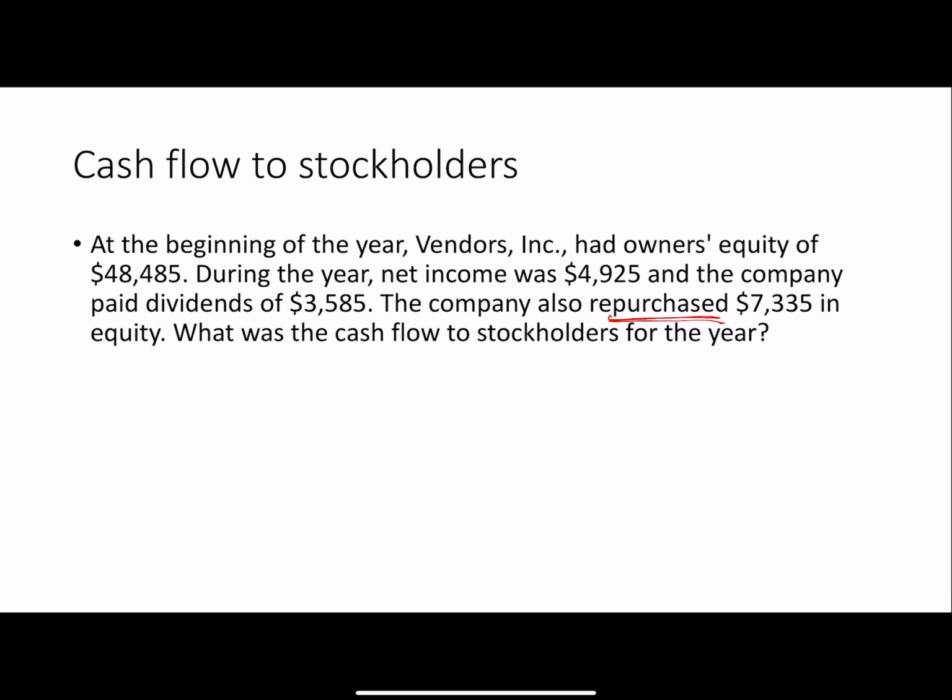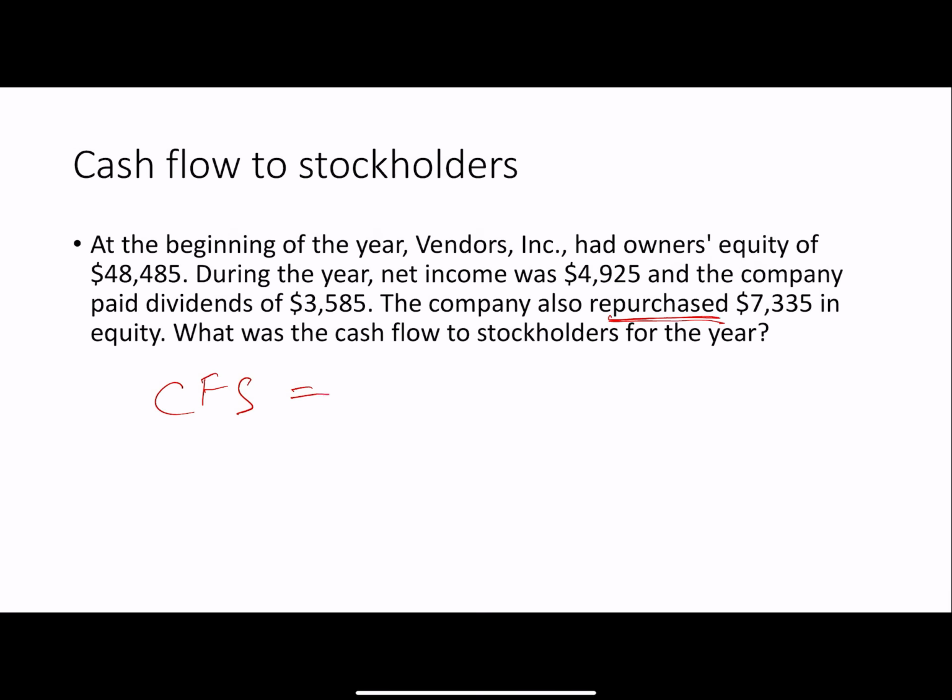All right, so let's think about this. Cash flow to stockholders really consists of two components, right? And think about it from the stockholder's perspective. The cash flow coming in is from dividends that the company is paying, and the cash flow going out or in also has to do with whether the company raised new equity or repurchased equity.